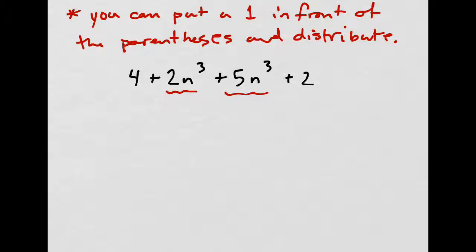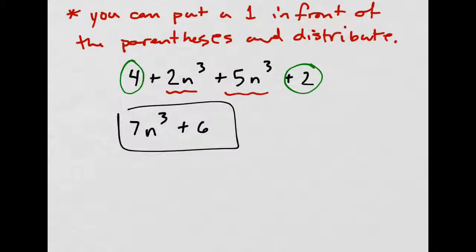So those are like terms. And then we also have the 4 and the 2. Those are both just numbers. So for the 2n cubed, I have 2 positives and 5 positives. That makes 7n cubed. And 4 plus 2 is 6. And that's my answer. You have to combine like terms.